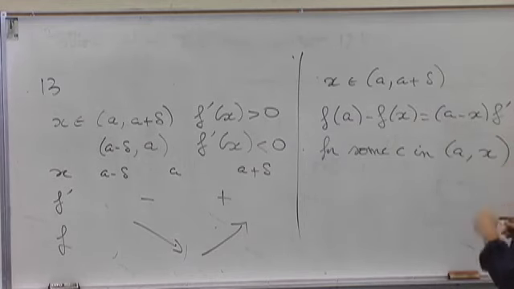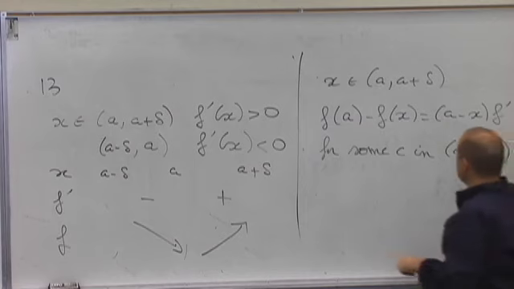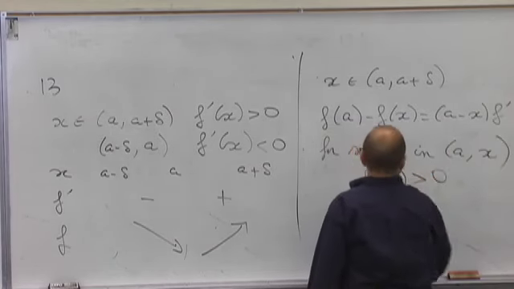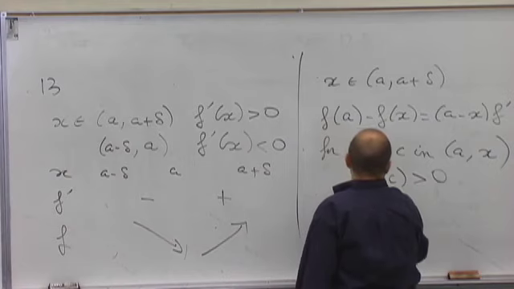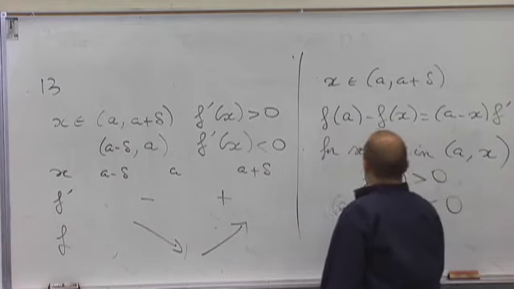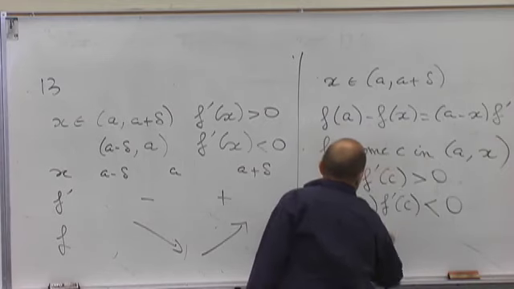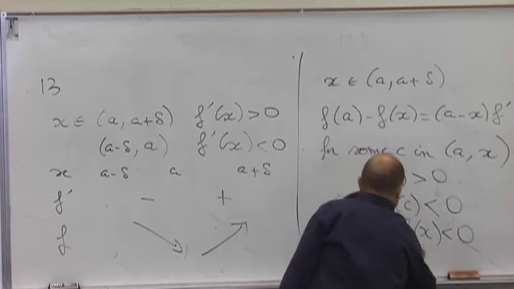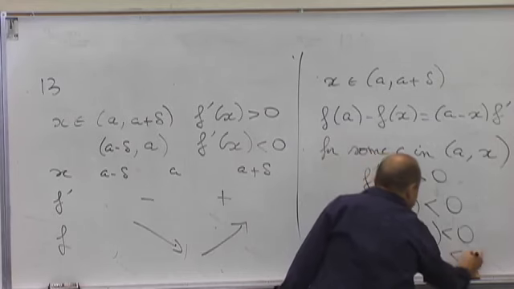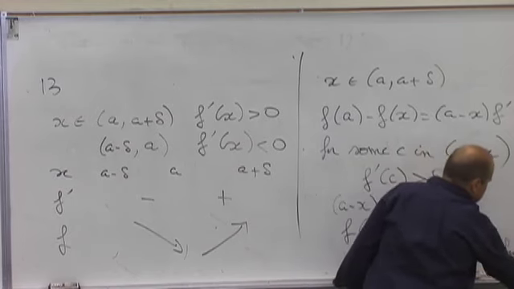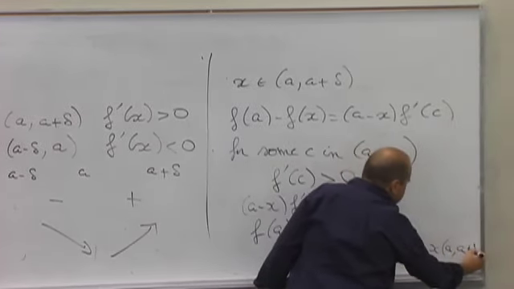But on this side, f prime of c is positive. So a minus x times f prime of c is negative, and f of a minus f of x is going to be negative, meaning that f of a is less than f of x for all x in a plus delta.